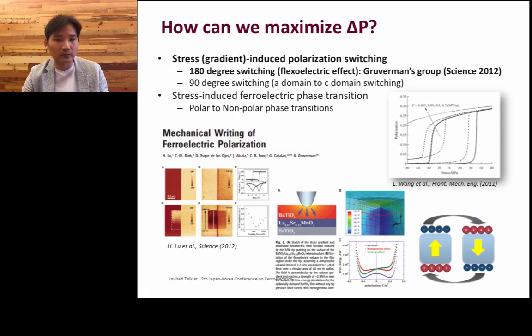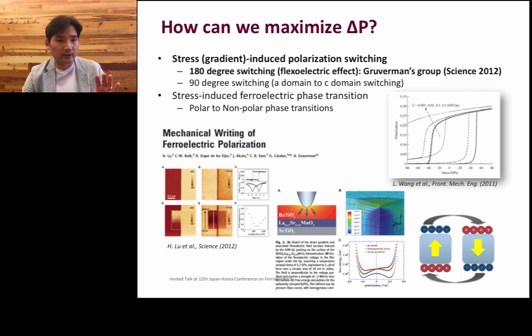One example was found by the flexoelectric effect, or stress-induced polarization switching, presented by Alexei Grubman in his phenomenal Science paper. We were thinking, can we really change the polarization by mechanical stress, in which case we can gather a huge amount of screening charge.